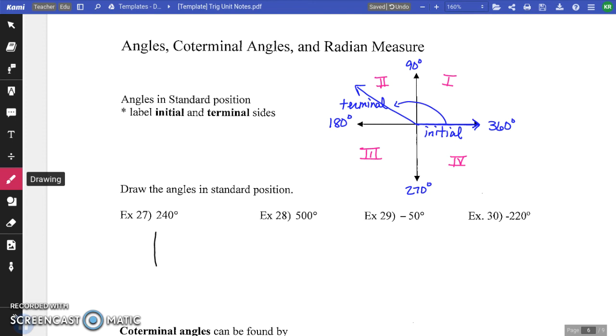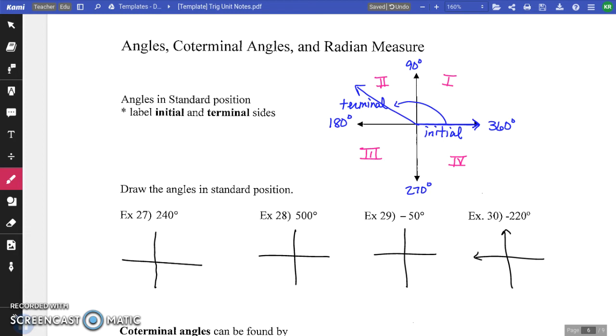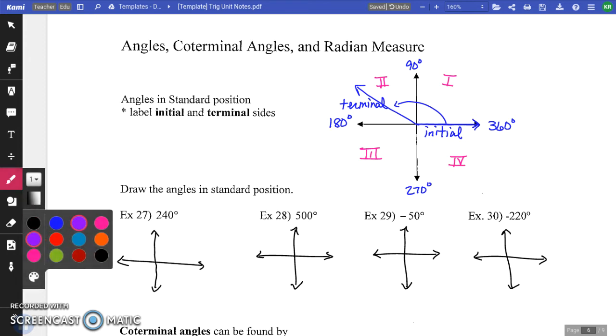So first, 240 degrees. These do not have to be perfect. They are a sketch, okay, so you don't need your protractor. Really the main thing is to make sure that you get in the correct quadrant, and then try to estimate about where that angle would be. Okay, so a 240 degree angle.